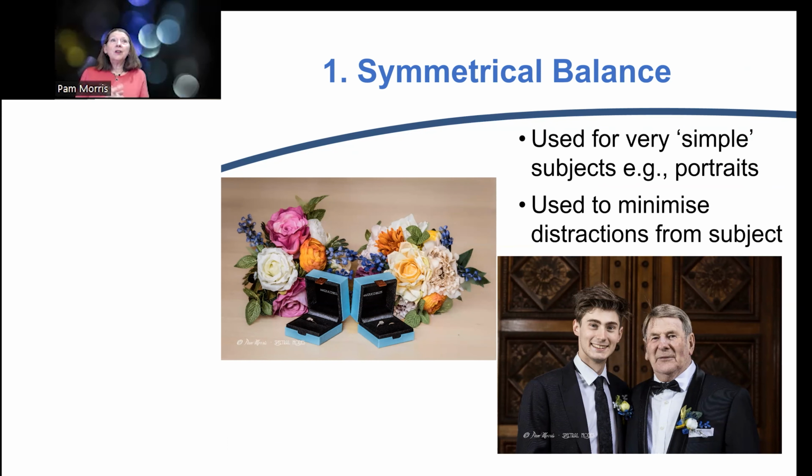We can also use that symmetry when we have quite simple subjects and we don't want to have distractions. It allows the viewer to calmly look at the image and look at either side, and even that has a narrative in it, and it just takes away distractions.